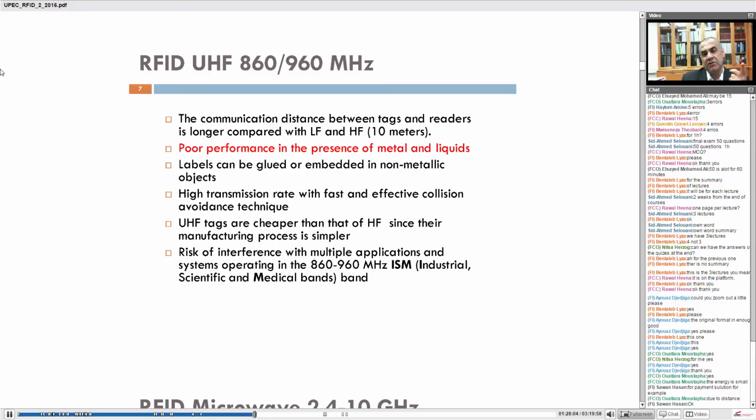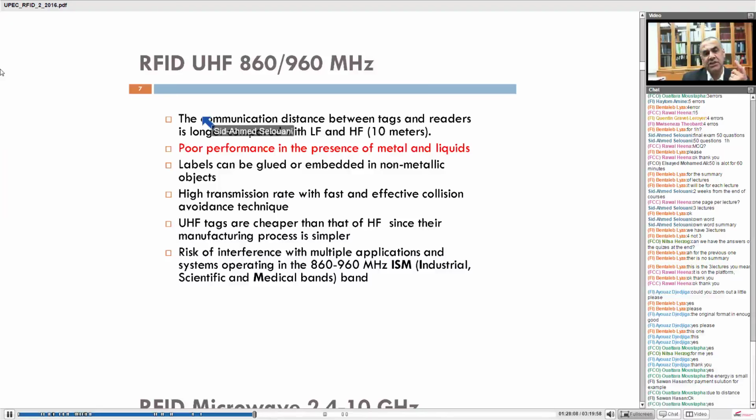So with UHF we increase the frequency, and this frequency is somewhat complicated because you have cell phones working on that frequency and so on. So the communication distance between tags and reader is longer, up to 10 meters, which is very good, depending on the number of antennas and so on.